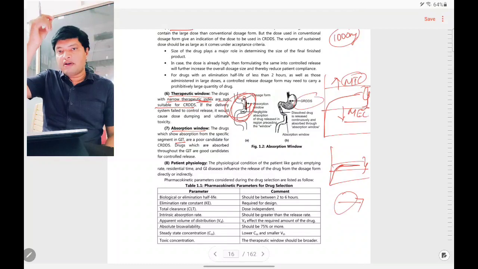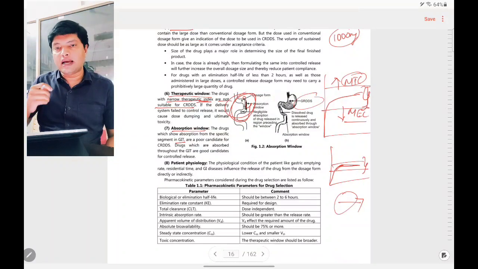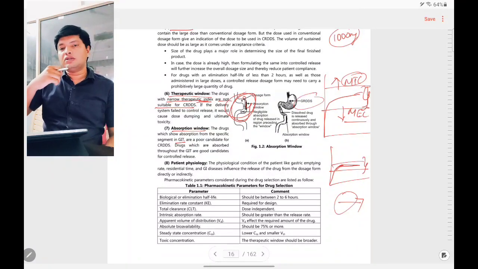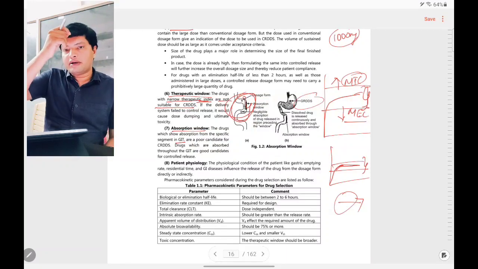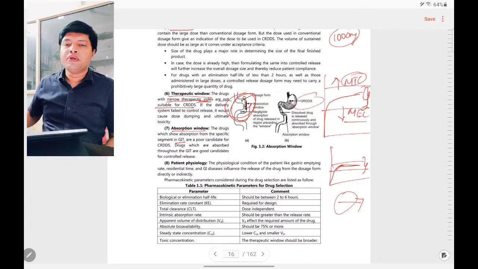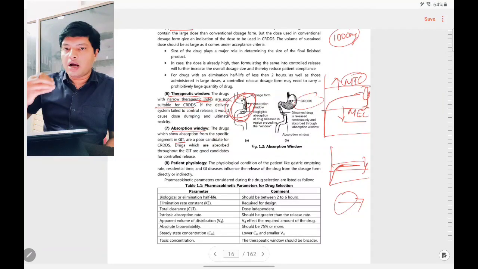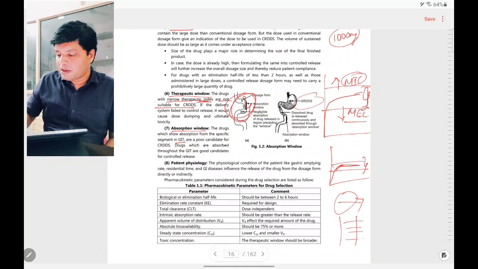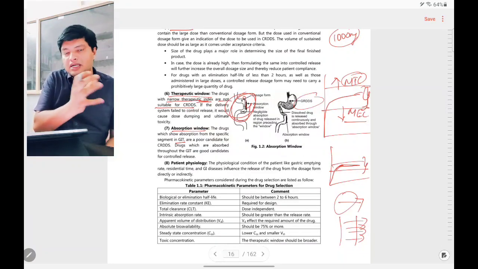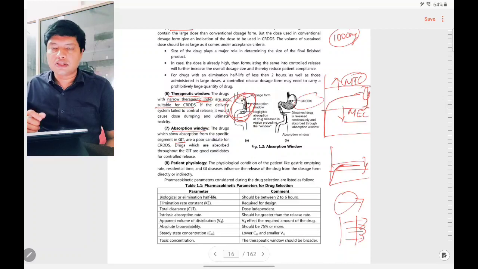Now this dosage form will travel, once you take that dosage form, assume you are giving a controlled release tablet. Once you are giving the tablet, this tablet will travel throughout the GIT. So what I will assume is the drug is having absorption throughout the GIT, not in a particular region like your stomach.